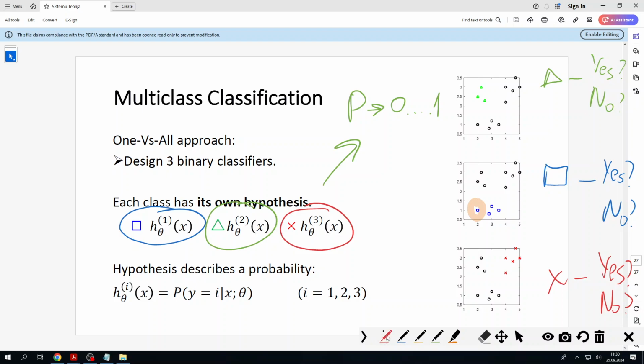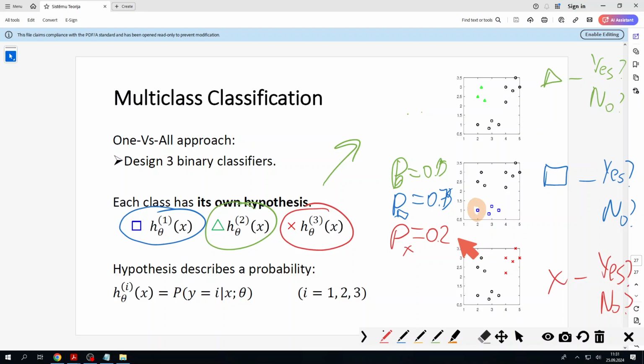Probability 1 says whether this is a triangle, so the probability of this being a triangle will be 0.15. The second hypothesis says the probability of a square is, let's say, 0.75. And the third hypothesis says this is a cross with a probability of 0.2.